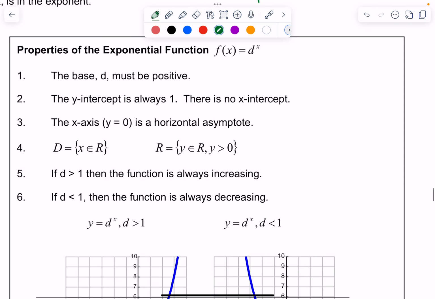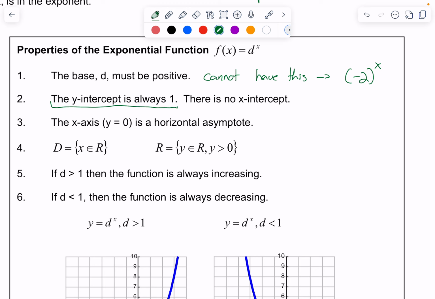What that means is that you cannot have negative 2 to the x. That's just a fundamental property, right? The y-intercept is always 1. Look, we did 2 examples where we changed the base, and it was always at 0, 1. And it didn't matter. We changed the base, and we still had no x-intercept.